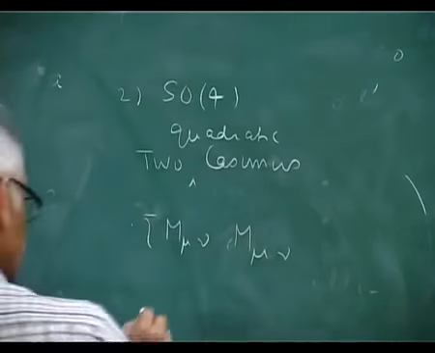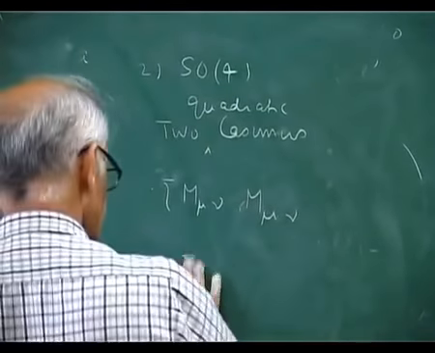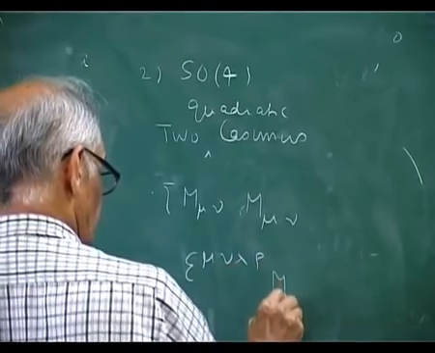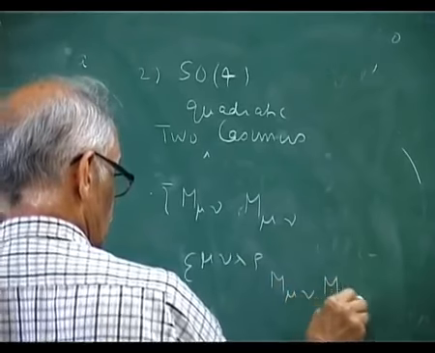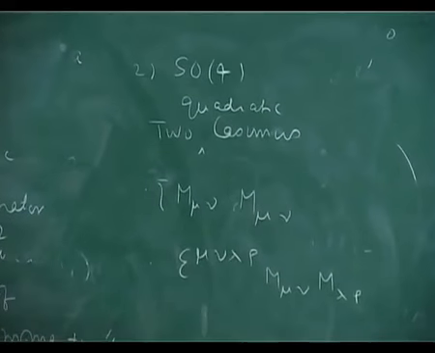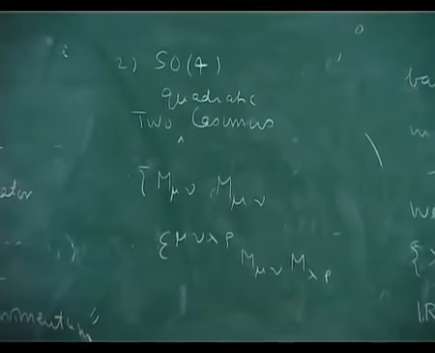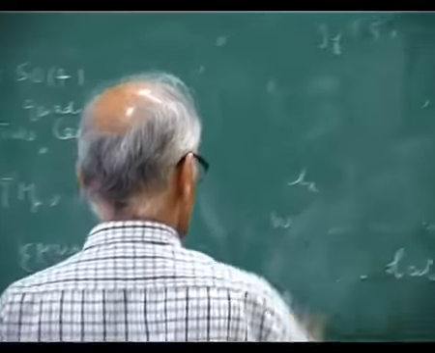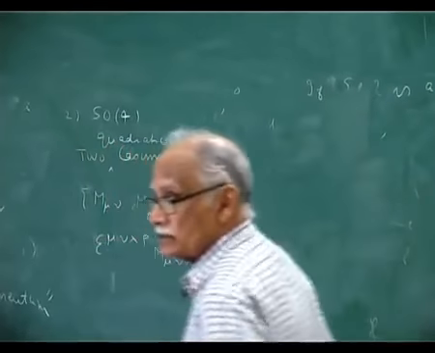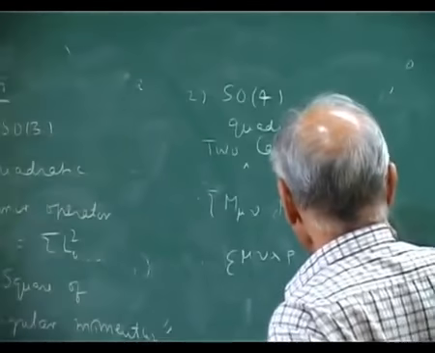But there is another one. Do you know what it is? You take the dual, epsilon^{μνλρ} M_{μν} M_{λρ}. This is also a Casimir, because this epsilon is an invariant tensor. If I commute it, you will see that because of the properties of the epsilon, these are actually invariant. So this and this, A and B.